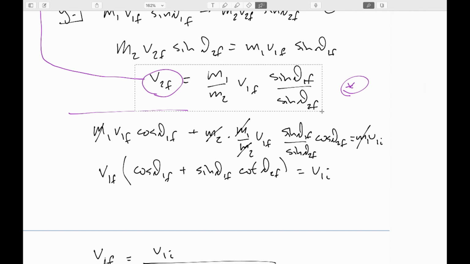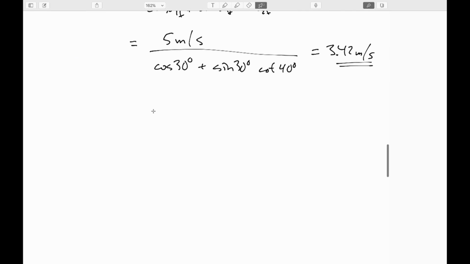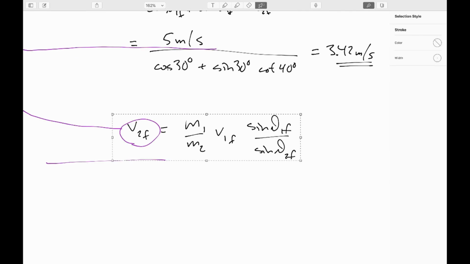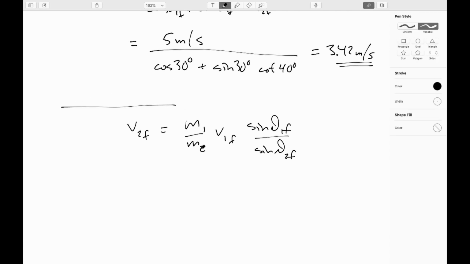So let's just do a quick copy paste, and clean that up just a bit. There we go. So putting in now, M1 is 1 kilogram, M2 is 2 kilograms.